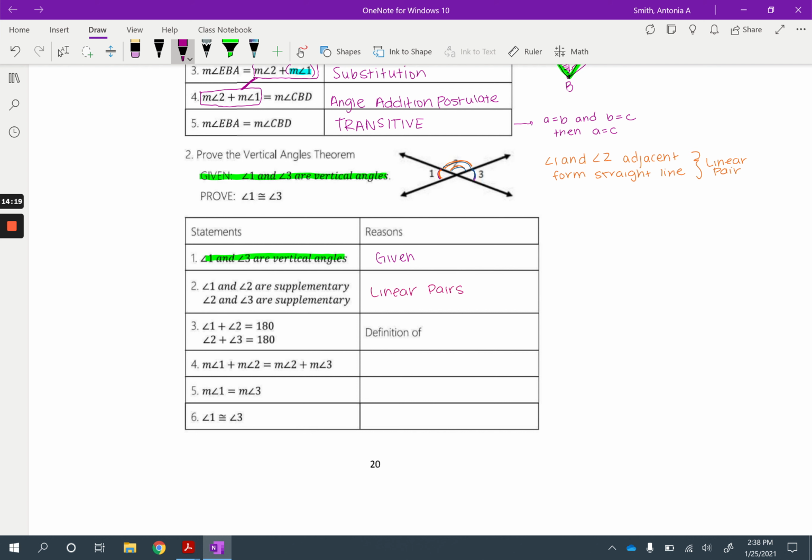There we go. So now to statement 3, we have angle 1 plus angle 2 equals 180. Angle 2 and angle 3 combined also equals 180. Well, what do we know about angles 1 and 2? That's from statement number 2, right? We know that they're supplementary, and supplementary means they add up to 180. So this is why that hint is here. The definition of that word that we need to fill in is supplementary.